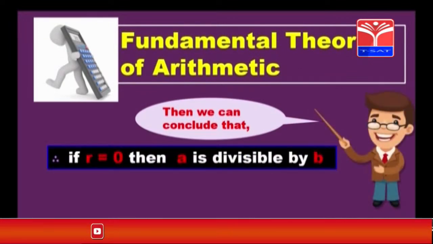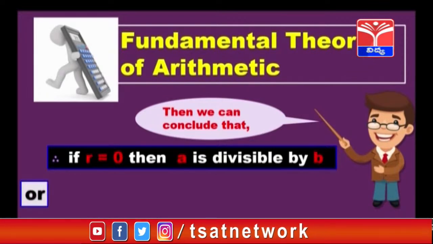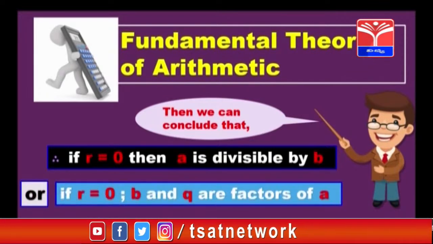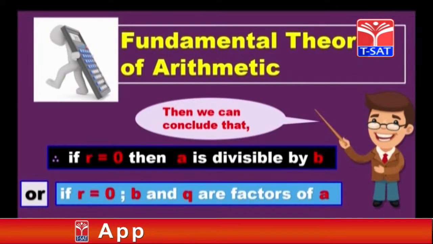Then we can conclude that if r = 0, then a is divisible by b, or else b and q are factors of a.